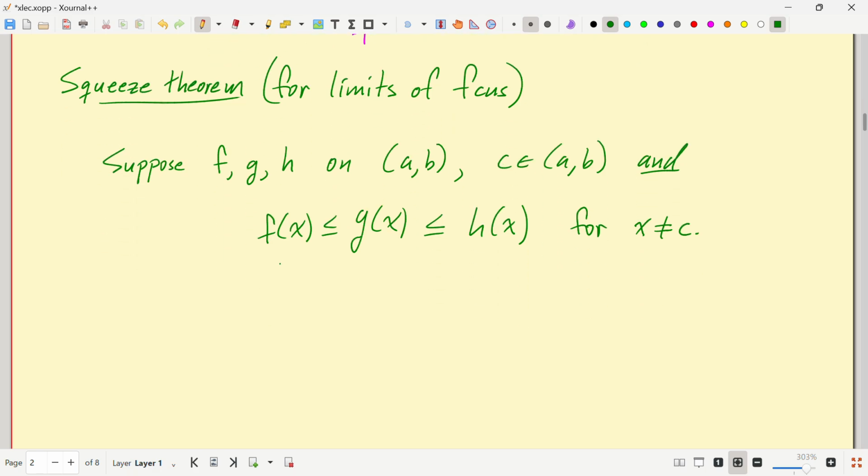And then the condition is if this one tends to L and this one tends to L as x tends to c, then of course the g gets squeezed in between there.